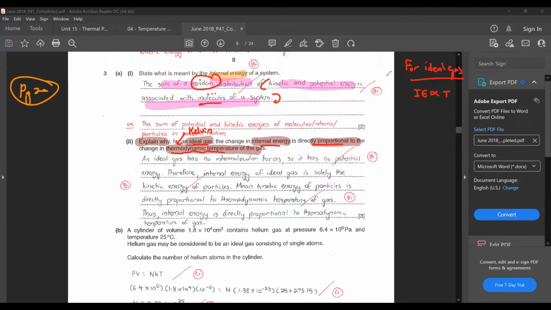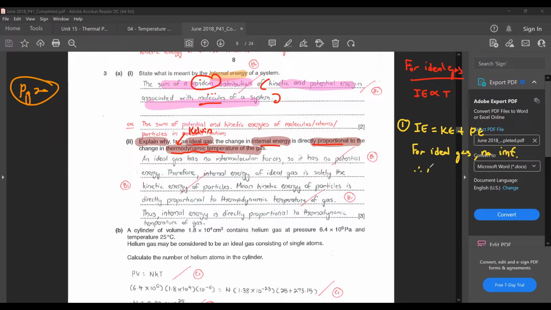Okay, so this one you can actually do it from a few ways. You first need to remember that internal energy is the sum of kinetic energy and potential energies of molecules inside a system. Then from here, we know that for an ideal gas, there's no intermolecular force.